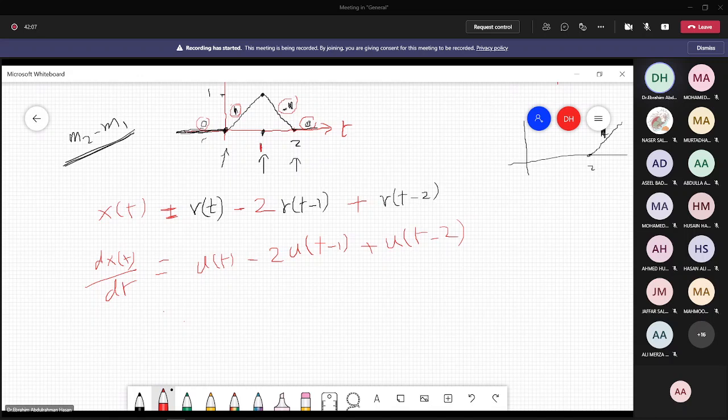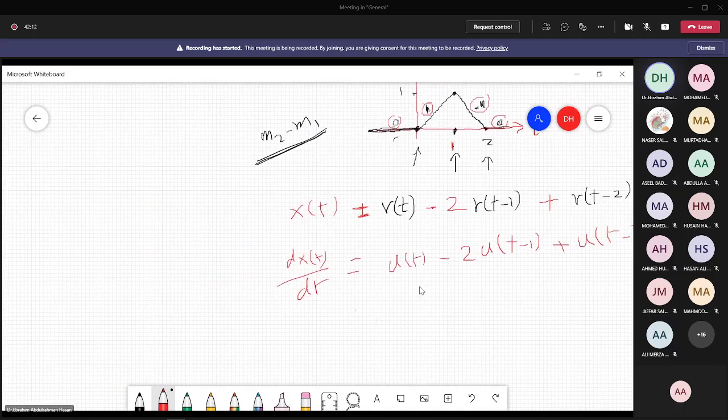That was easy. So if you have another signal, so this is x1, let me say that we have y of t, which is equal to u of t plus or minus ramp of t minus 1.